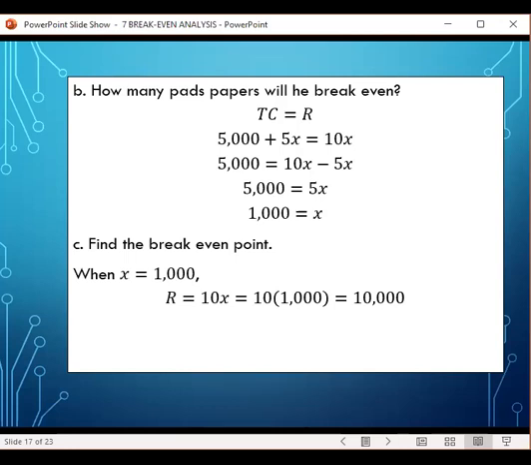So 10 multiplied by 1,000 is 10,000 pesos. So meaning the break-even is 1,000 and 10,000. Okay, so here, looking at this coordinate, when you sell 1,000 pieces, you will have a revenue of 10,000 pesos.